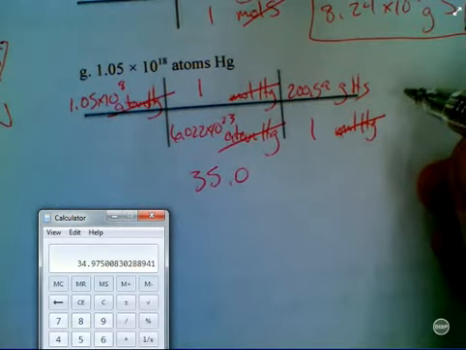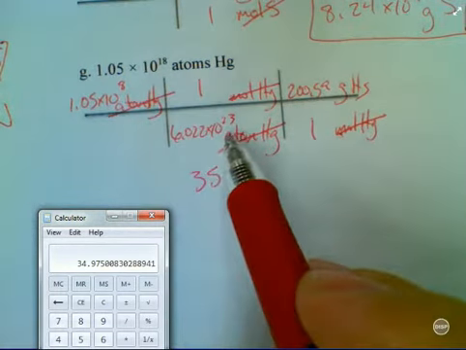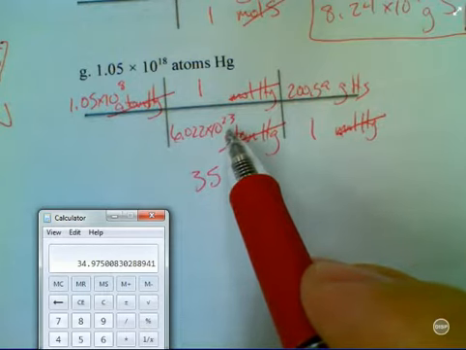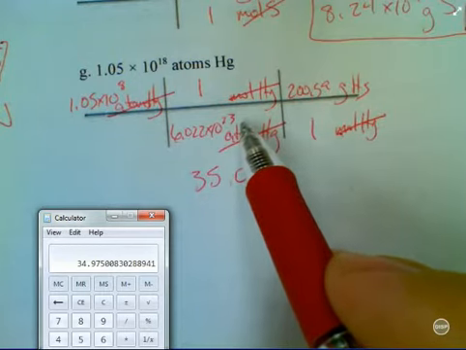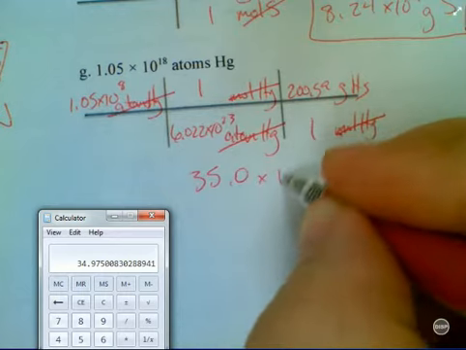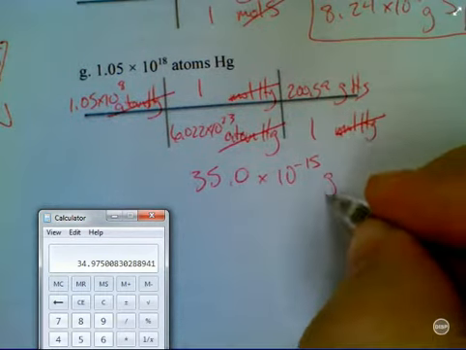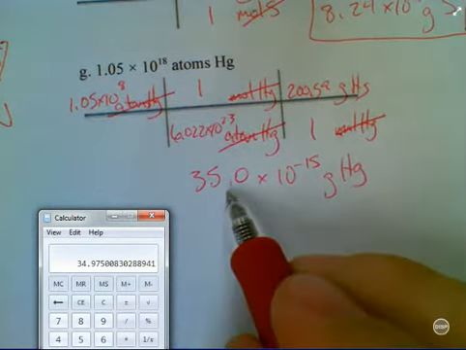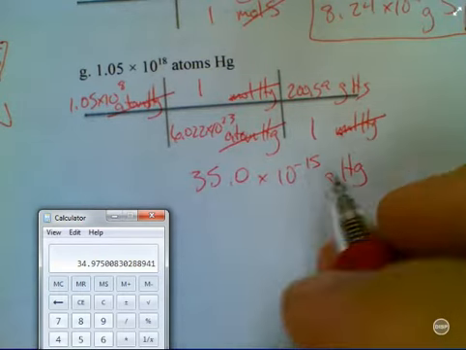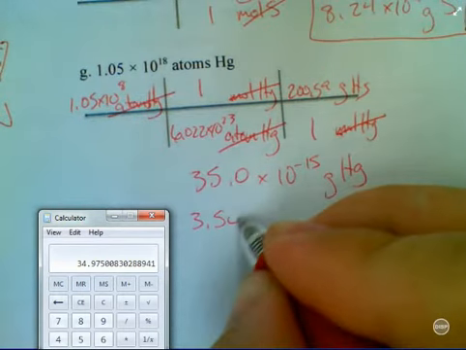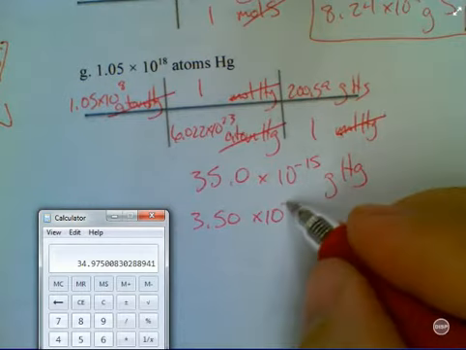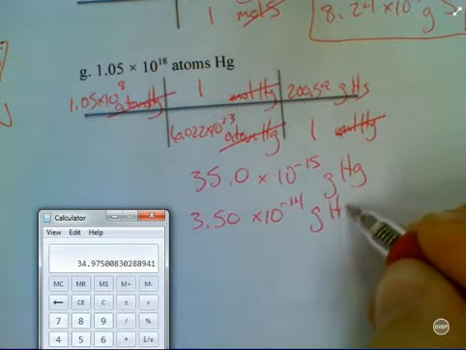Use my exponents here. I have 8 minus 23. So that's going to be to the minus 15th grams of mercury. That's not quite in proper scientific notation. That's too big. So I'm going to go 3.50 times 10 to the negative 14th grams of mercury.